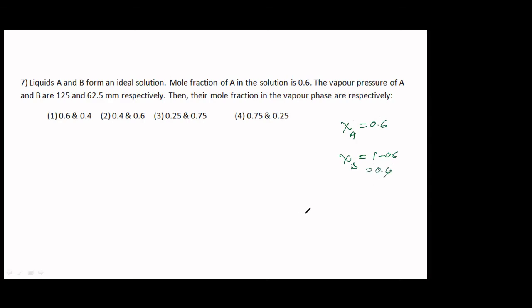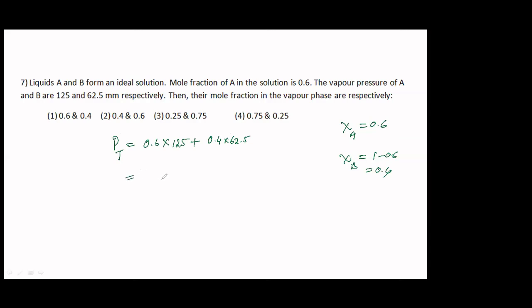And he says the vapor pressures of pure A and B, of course, are given to you. And therefore you can find out P total. So P total should be equal to mole fraction of A into PA0, which is 125, plus mole fraction of B, which is 0.4, into its PB0, which is 62.5.